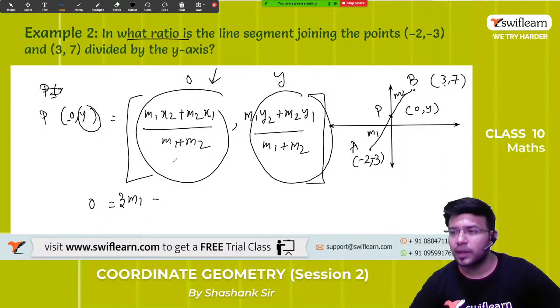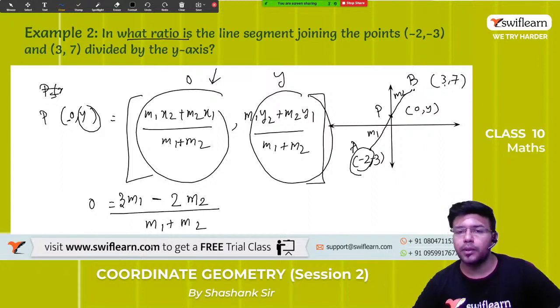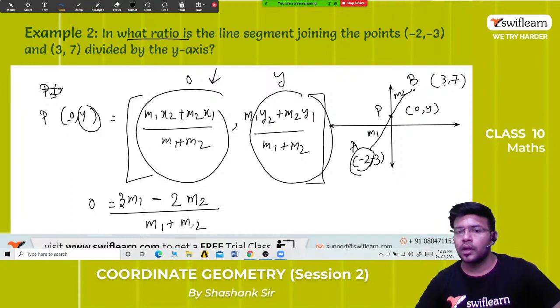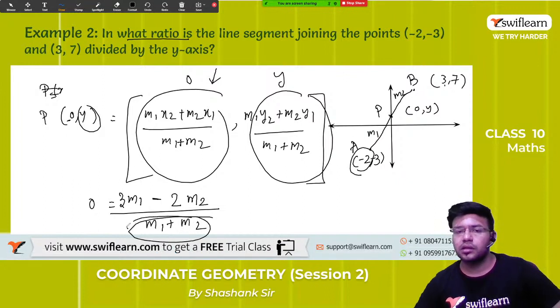I'm gonna write this step directly. ये minus कैसा मिला हमें? How did we get this? Plus into minus is minus. So 2m2 divided by m1 plus m2. Now multiply this with the 0. Okay, denominator यहाँ पे आएगा तो 0 into anything is 0.